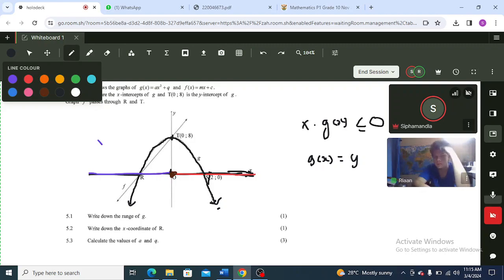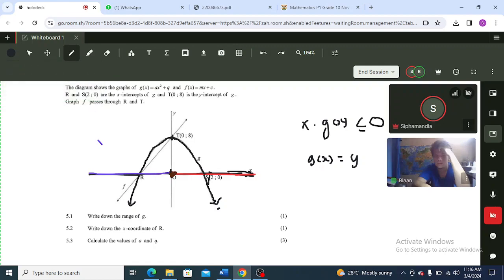Okay. Now, since this is on the positive x-axis, if I'm multiplying the x value with the y value from this part to this part, I would get the positive number. So I would get x greater than 0.